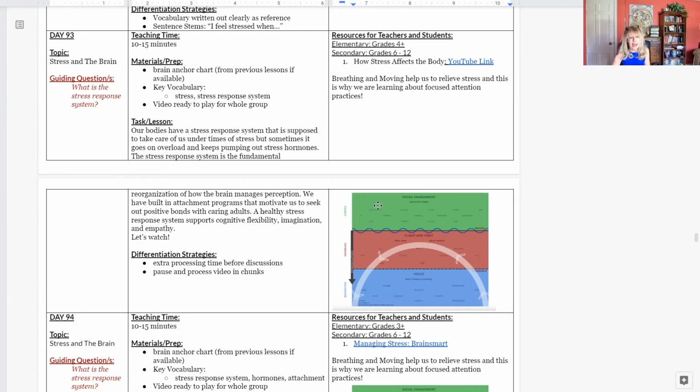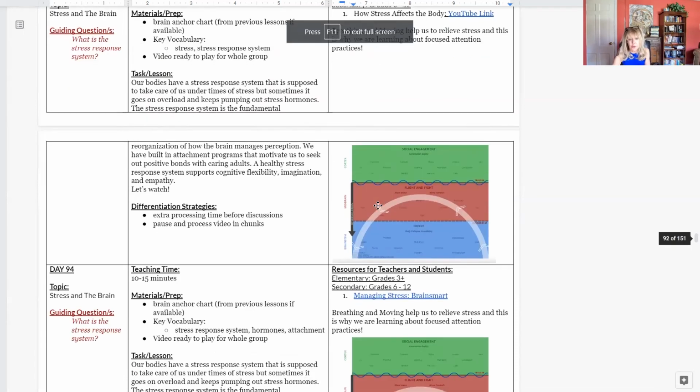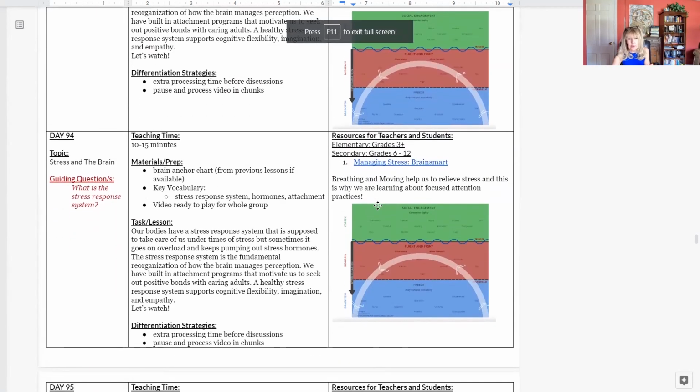So we have several days. You can see day 94. We're not just doing this in one day. You could spend 2 weeks on the stress response systems. And you can see that we've got resources for adults and for the students. And in many of these resource sections, we have divided them off with elementary and then secondary resources.